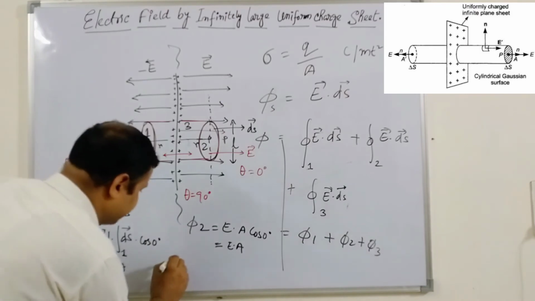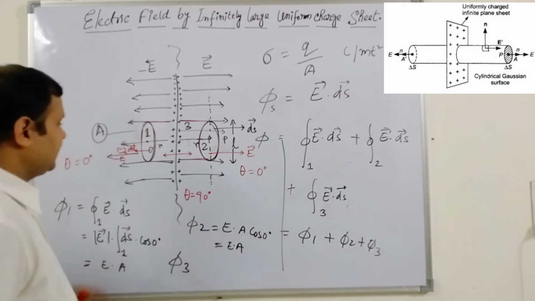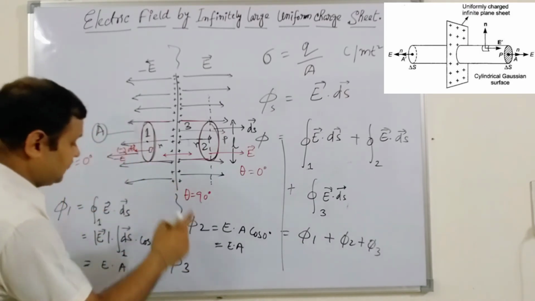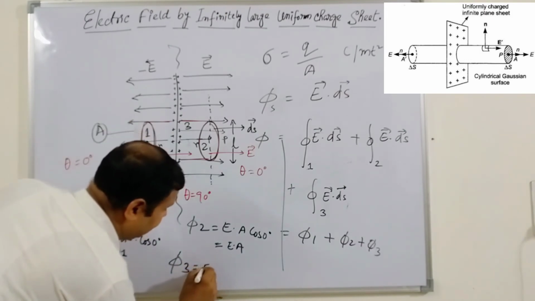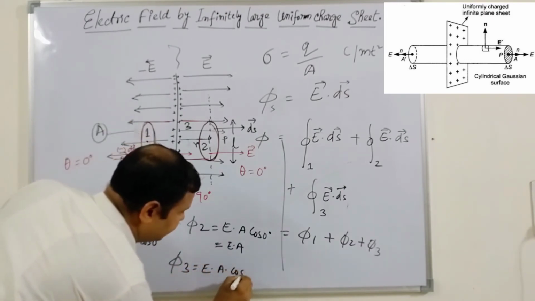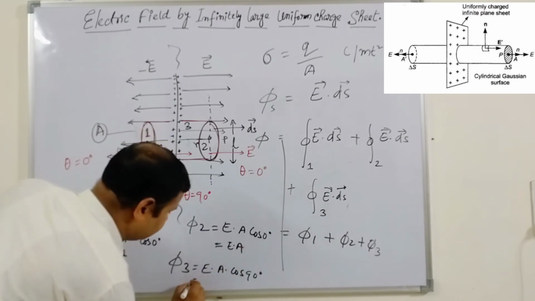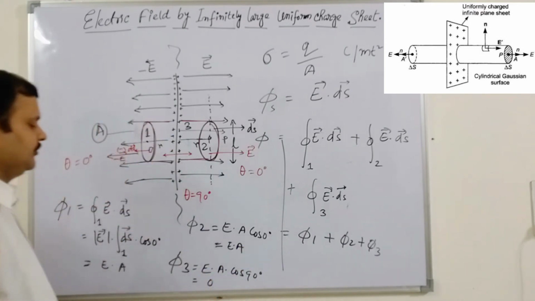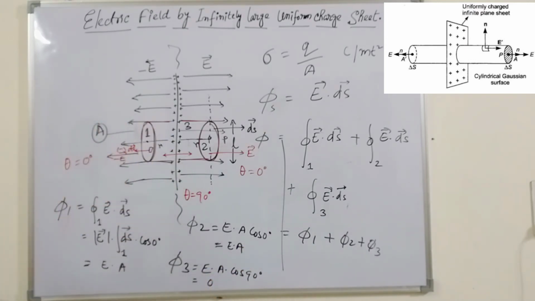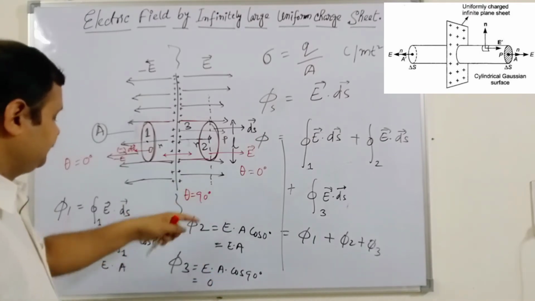And in the case of phi 3, what is happening? Phi 3 is EA cos 90, and you know cos 90 is 0. So phi 3 is 0.